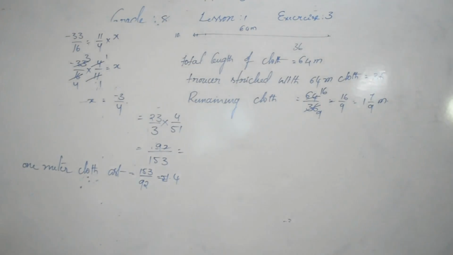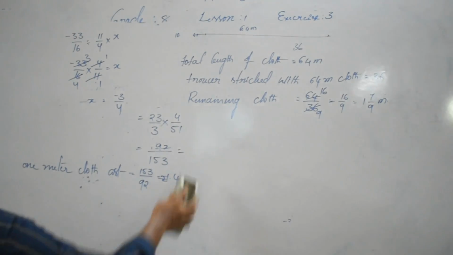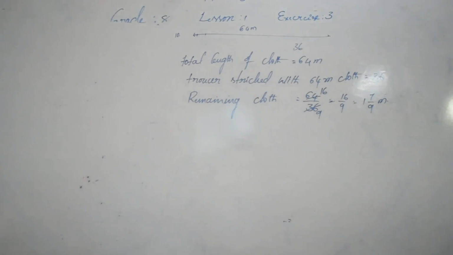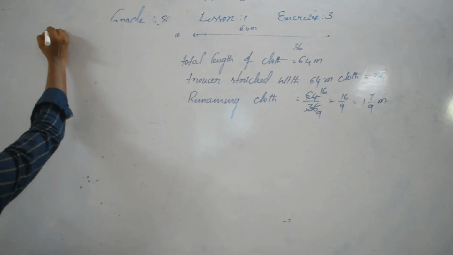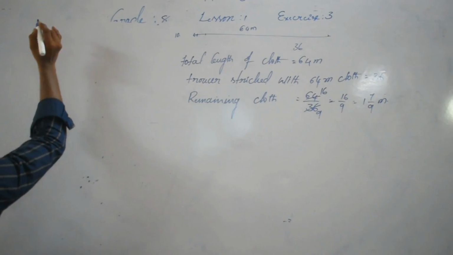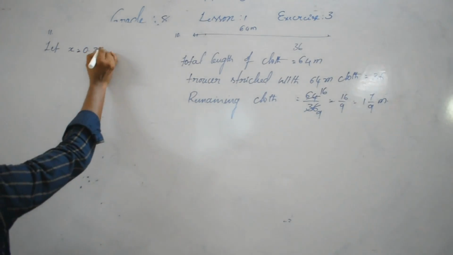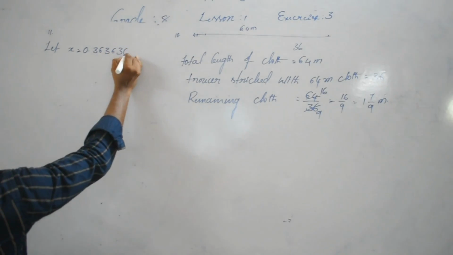Next one, the last one. When the repeating decimal 0.3636 is written in the simplest form p by q, find the sum of p and q. Here, the 11th one, let x equal to 0.363636.